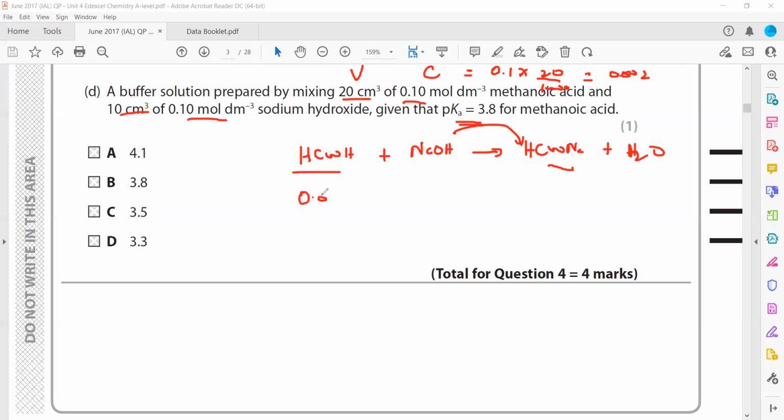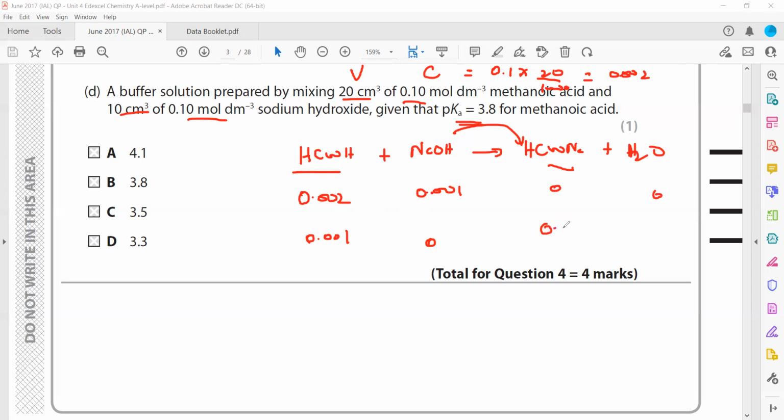So 0.002 moles of acid are used, and how many moles of alkali are used? 10 times 0.1 divided by 1000, that is 0.001. This will be 0 and 0 initially, but when they react with each other, sodium hydroxide is used up. How many are left? Because the ratio is 1:1, 0.001 is used up. So how many left? 0.002 minus 0.001, so it will be left with 0.001.